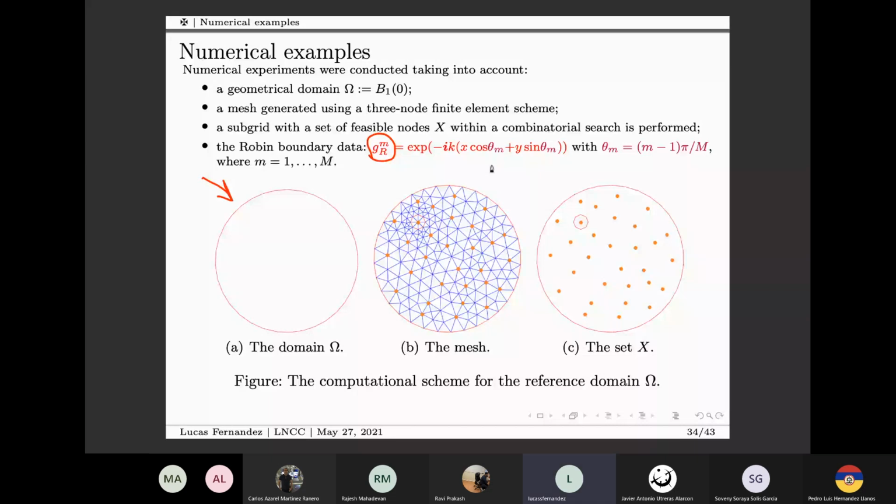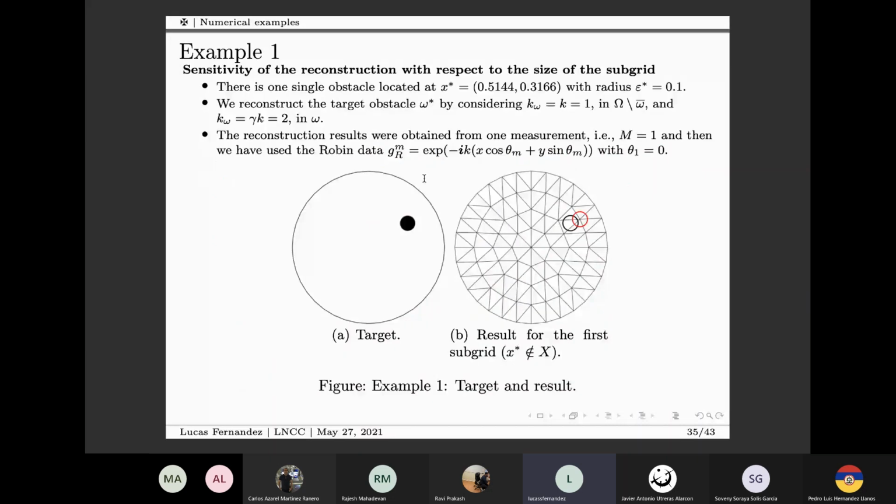Okay, in this first example, we investigate the sensitivity of the reconstruction with respect to the size of the subgrid. So here we want to reconstruct a single obstacle from the nonlinear reconstruction algorithm with only one measurement. Okay, the red and black circles represent the predicted solution and the target, respectively.